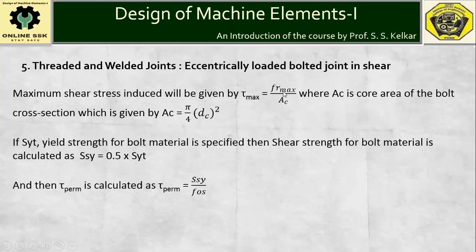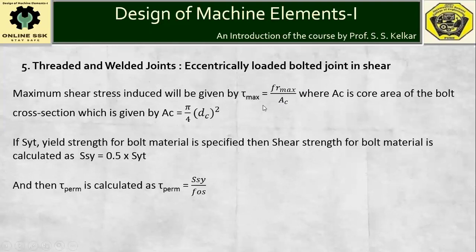So maximum applied load divided by minimum cross section area, which is the core cross section area, will give you the maximum induced shear stress inside the bolt.